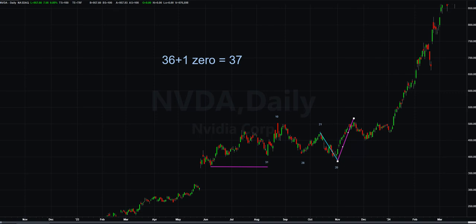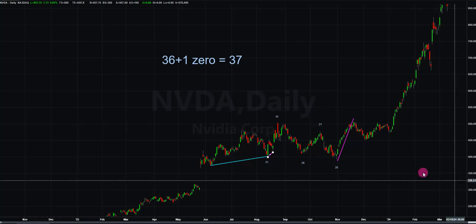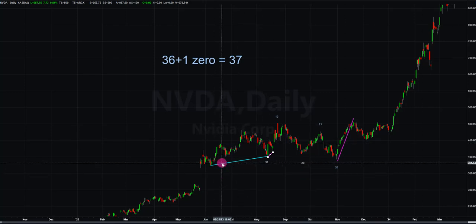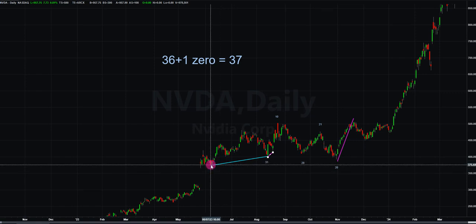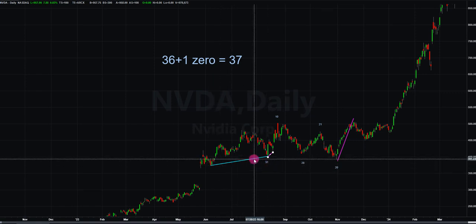One last example before I close this out. If you measure some longer swings that are longer than 37 days, you can just mod out the 37 and use the opposite of the leftover. So in this case, I'm going to take my cyan measuring stick and go from this low to this low here, which is 68 days.